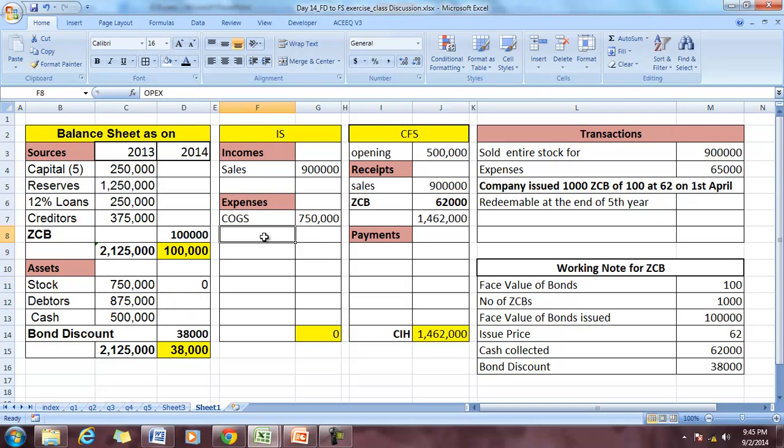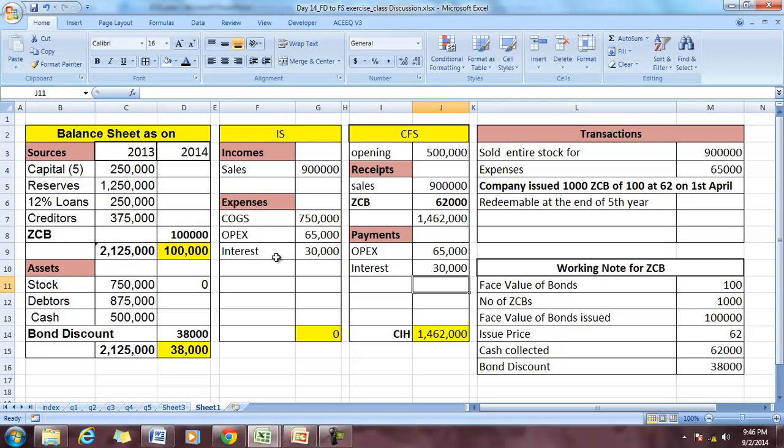The operating expense, OPEX, is equal to 65,000, and let us assume that we paid that operating expense fully. Interest on the loan is to be paid at 12%, 0.12, and let us assume that we pay the interest for that period.